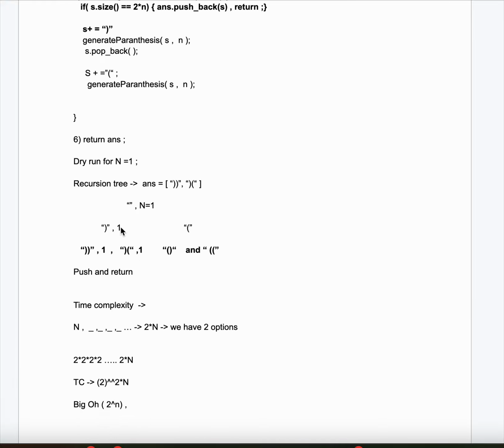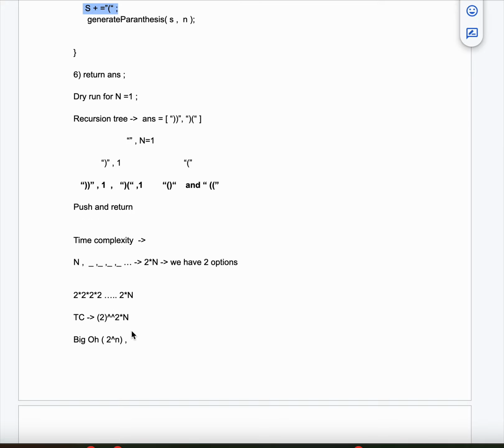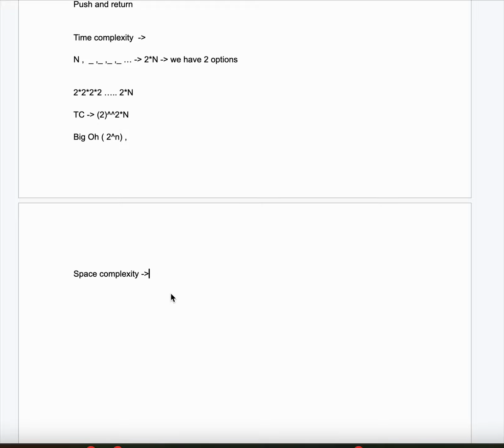We have this string s to store our temporary answer. How far can it go? It can go up to 2n, so the space complexity will be order of 2n.